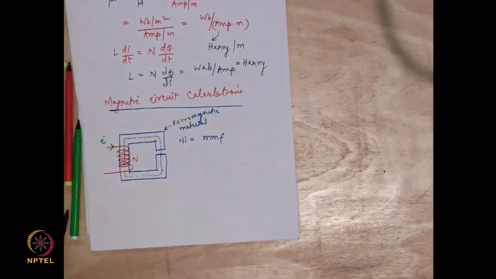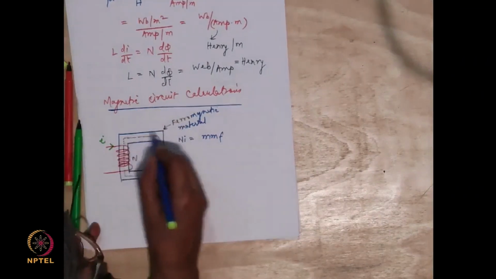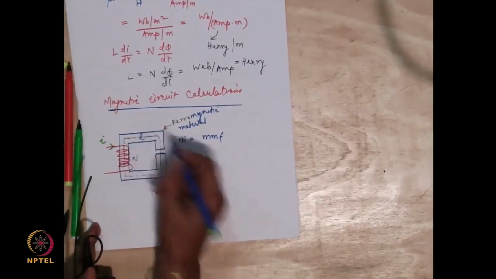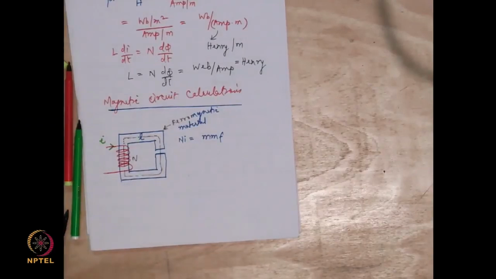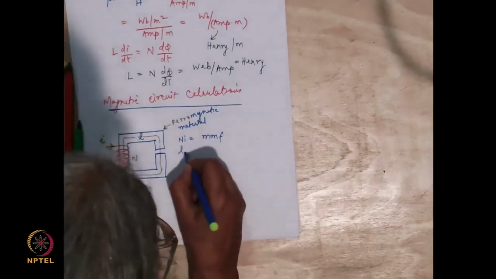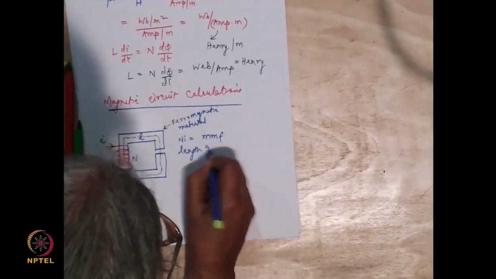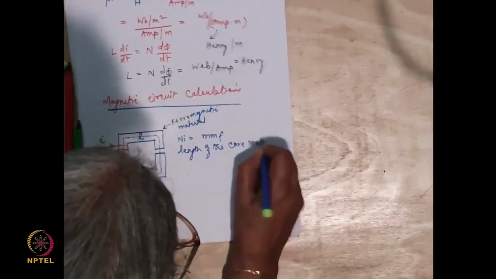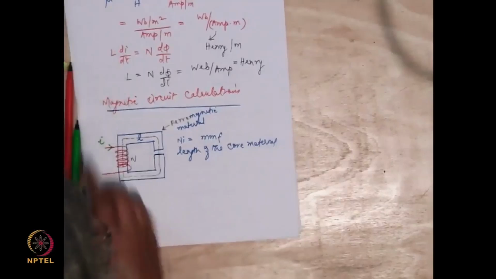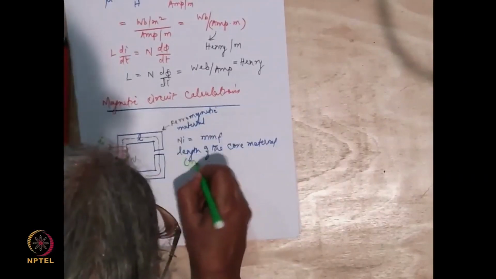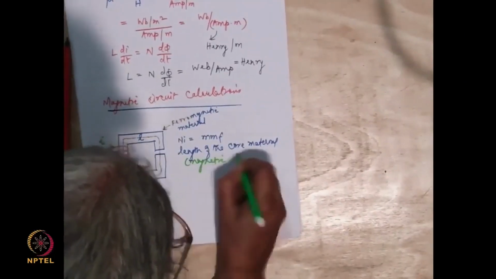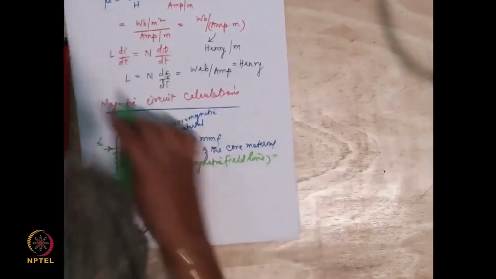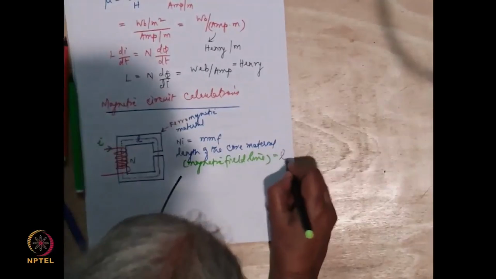So I have to look at the complete circumference of this particular core, and if I say the average circumference is L, then the length of the core material, or rather the magnetic field line, is equal to L here.